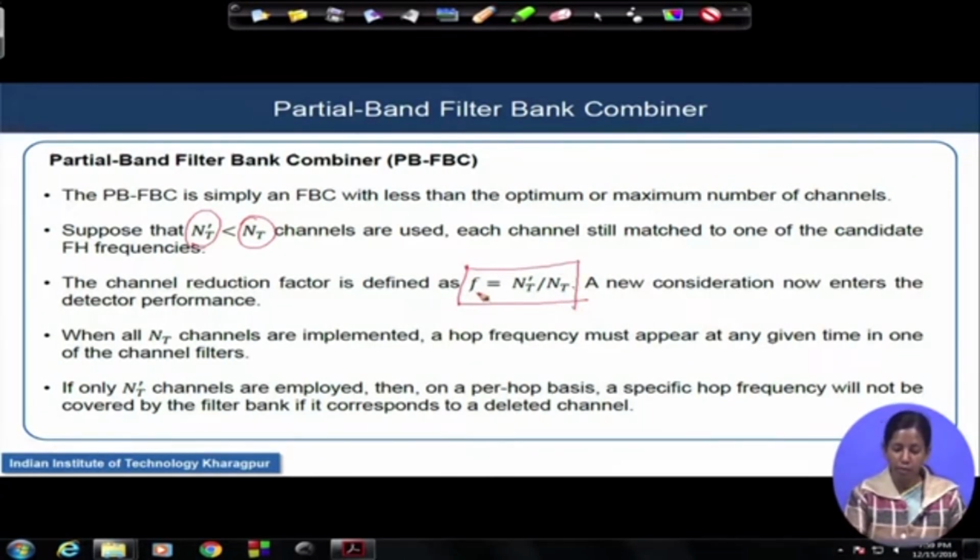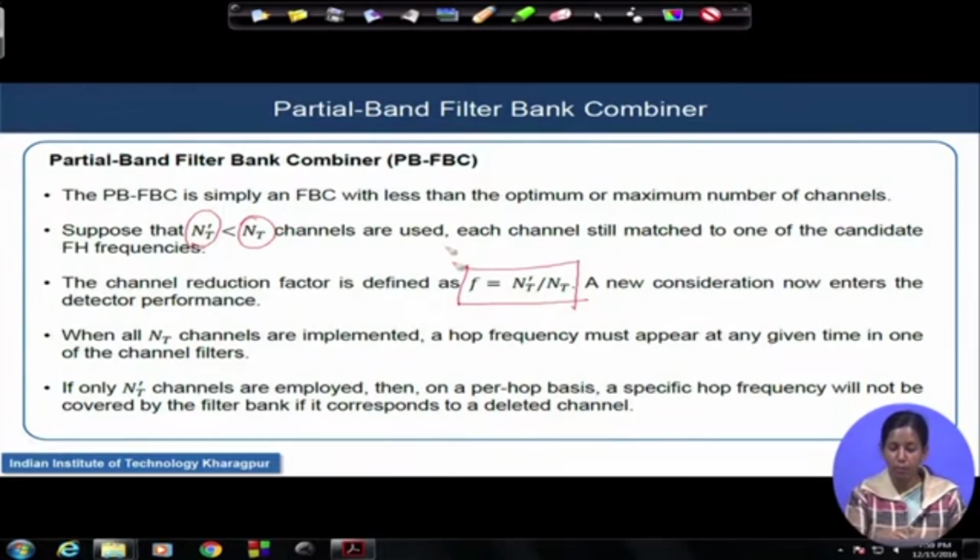We will see that the detection probability and false alarm probability for this PB-FBC now come with a factor of this small f. When all NT channels are implemented, a hop frequency must appear in one of those channels.